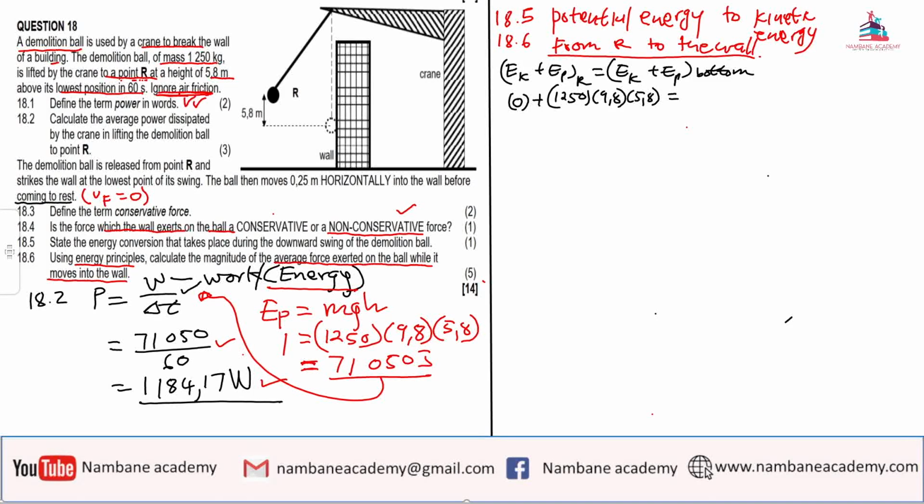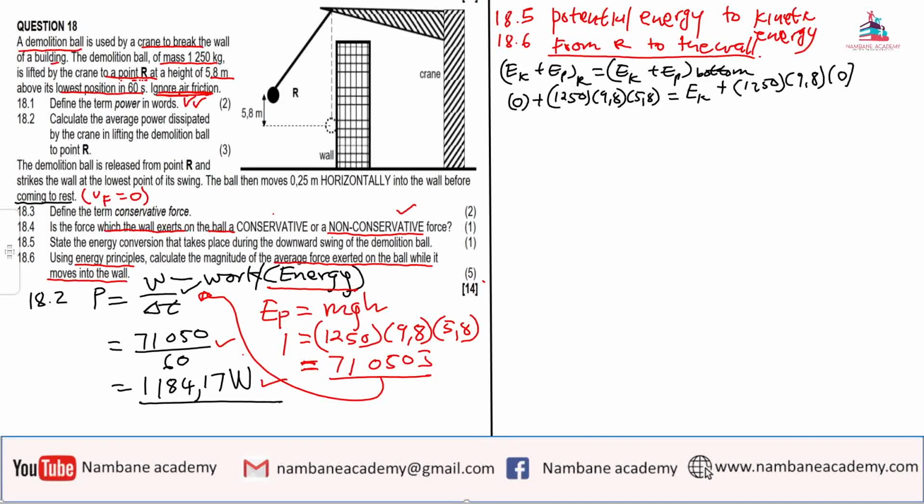So let me first start by saying I want to know the EK at the bottom plus now MGH, which is 1250 multiply by 9.8, but it's no longer at that height of 5.8. It is actually now at 0 because it has covered the height that it was supposed to cover.